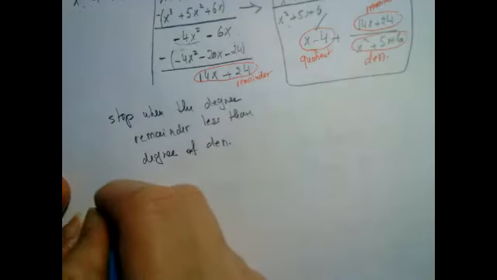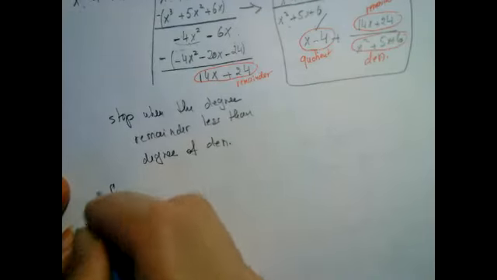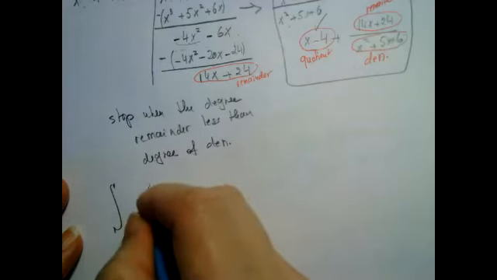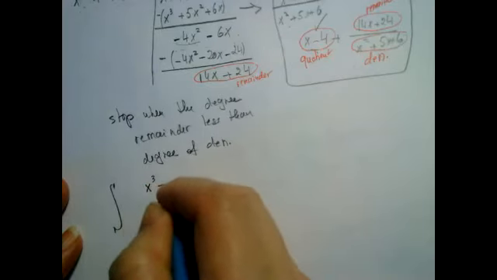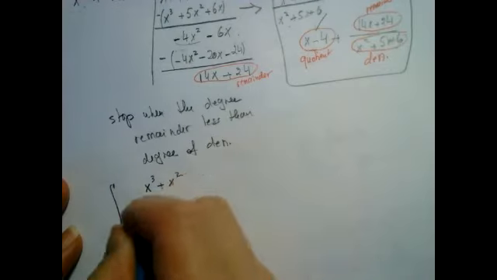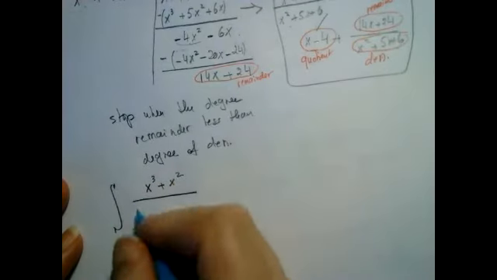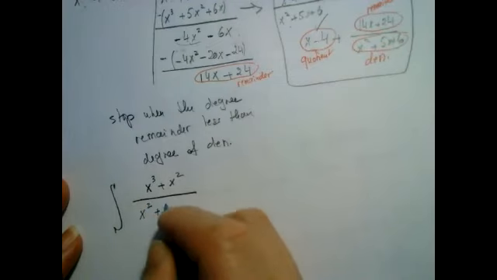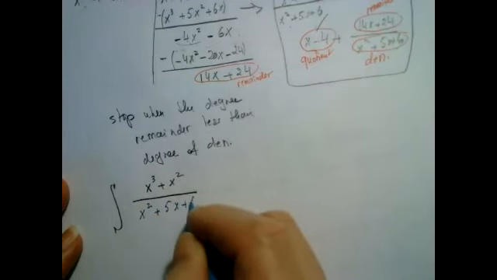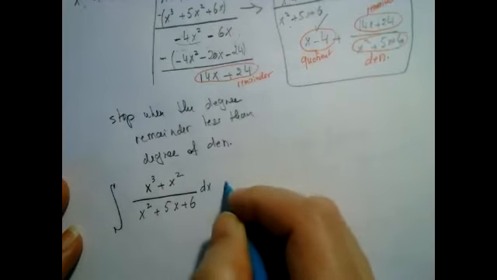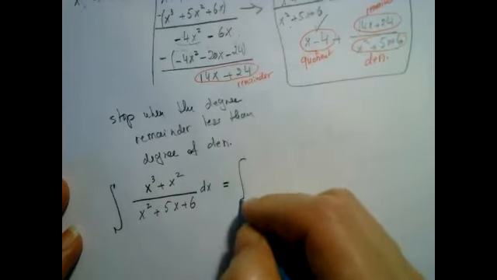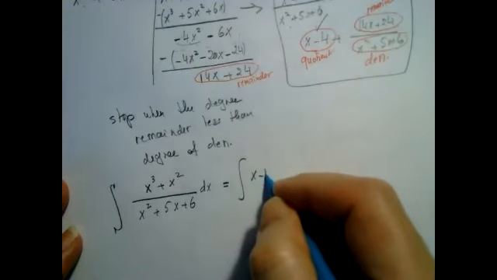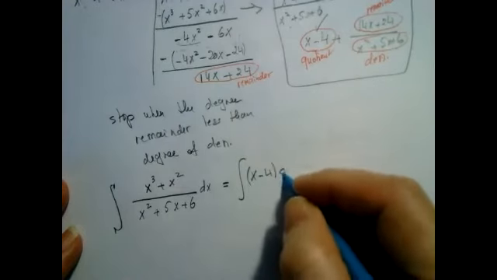So let us go back. Now the integral, even though it's going to take us a little bit, that's really the goal of this long division. It actually brings me back to my previous scenario. The integral of (x cubed plus x squared ...) divided by x squared plus 5x plus 6 dx will be equal to the integral of x minus 4 dx.